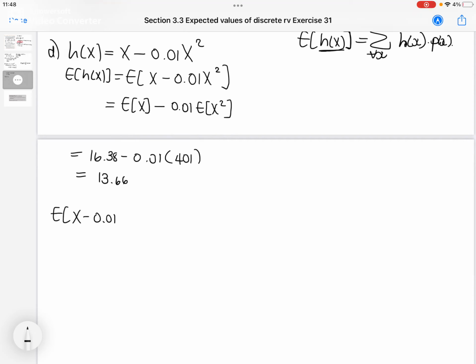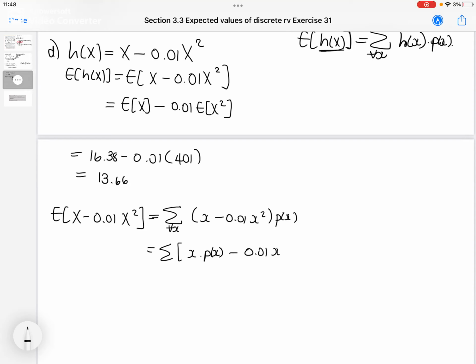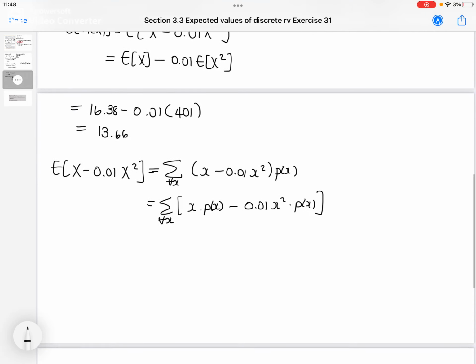All right, so you can do it in that way, or you can say the expected value of X minus 0.01 X squared, using the definition itself, then summing over all possible values of x. We'll have here x minus 0.01 x squared times p(x). That is equal to the sum of x times p(x) minus 0.01 x squared times p(x) for all possible values of x.